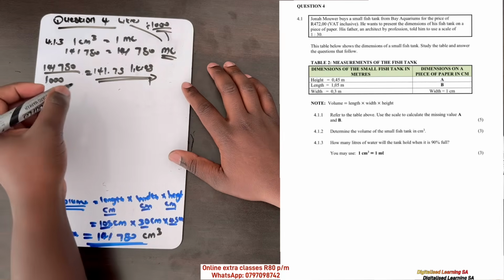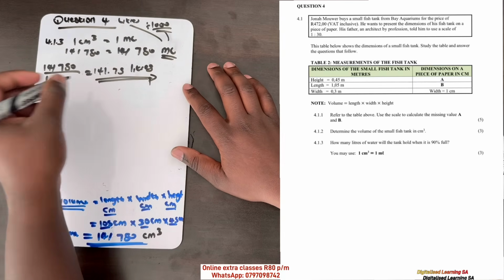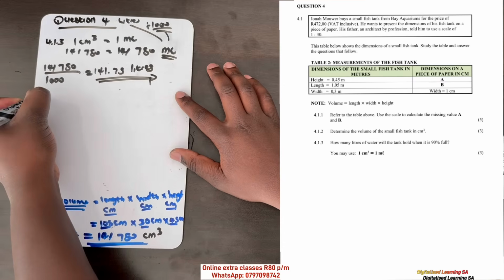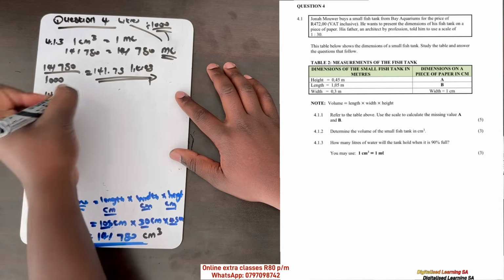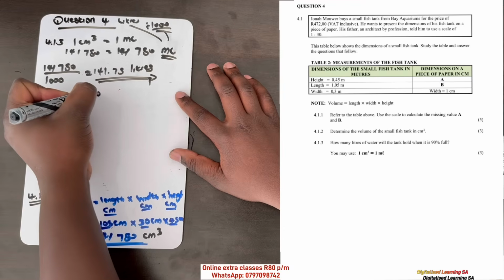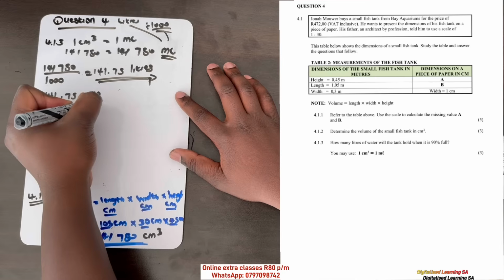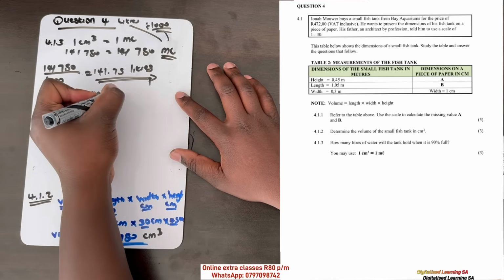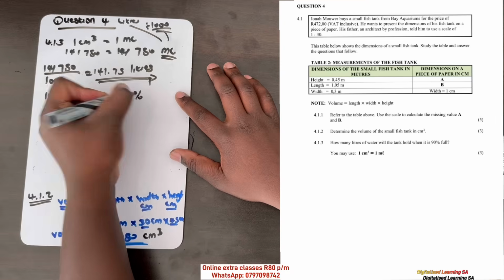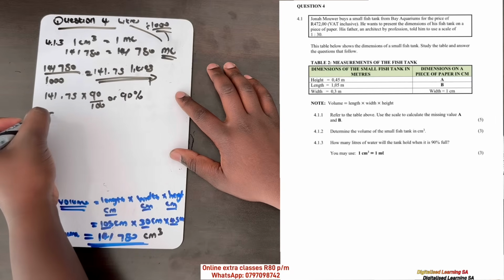So now we can just find 90% of the total liters. So it will be 141.75 multiplied by 90 divided by 100. We can either say 90 divided by 100 or we can say 90%. The answer will be the same.